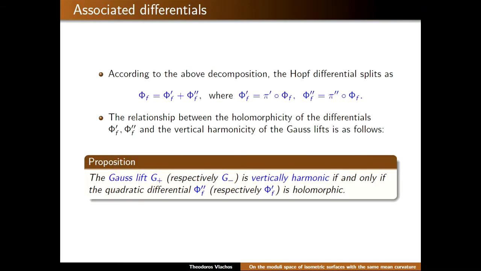We may decompose the Hopf differential accordingly, and it is an easy property that the Gauss lift is vertically harmonic if and only if the double prime component of the Hopf differential is holomorphic.